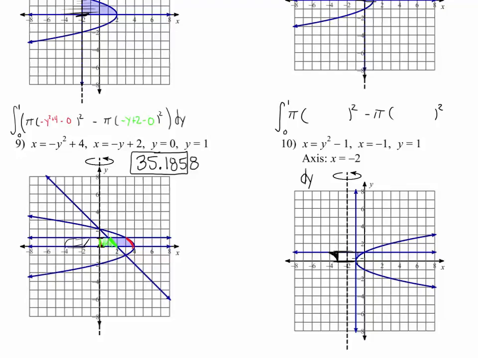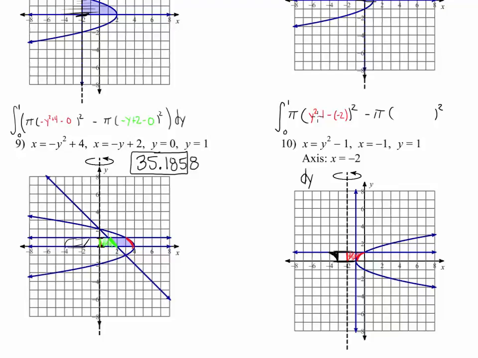This is my outside edge. This is the inside of that region, so top and bottom. So this is the quadratic, so it's y squared minus 1, subtract the axis, which is negative 2. So subtract negative 2. Notice that will make it a positive 2.